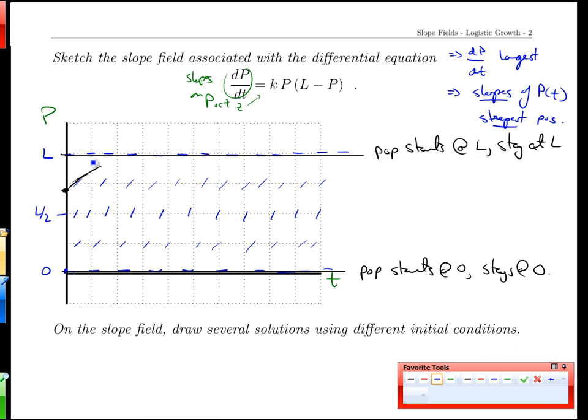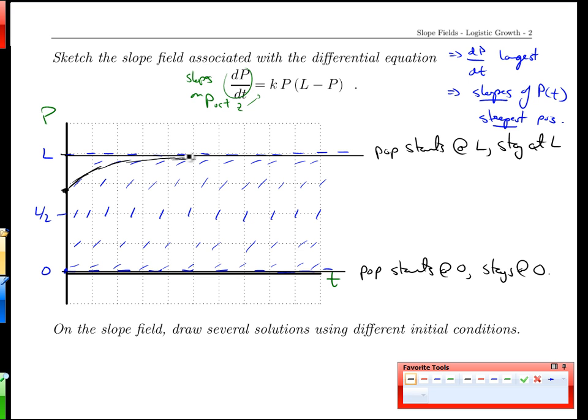So as we get closer, our slopes are getting closer to 0 as well. Actually, that happened down at the bottom end as well. We expect to have fairly flat, not steep slopes down near the bottom. And if that's the case, we're going to see a curve that probably looks asymptotic.